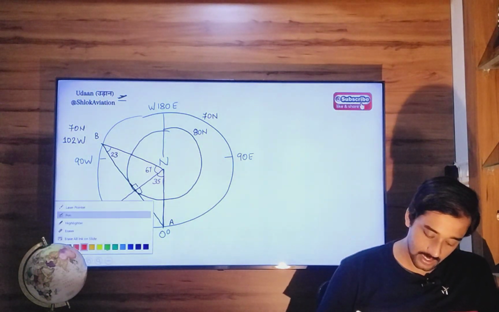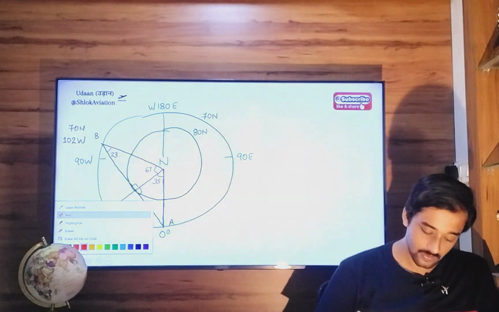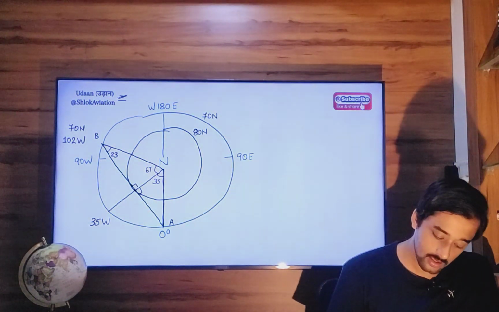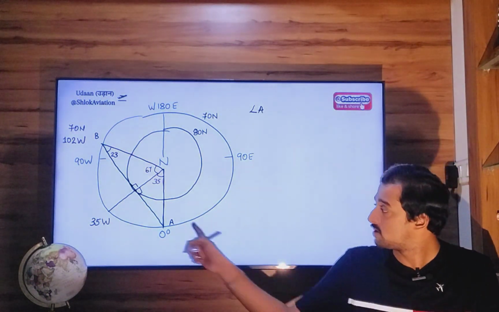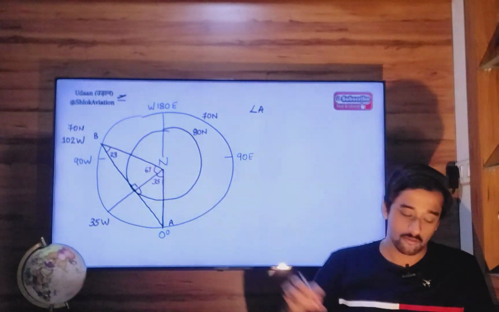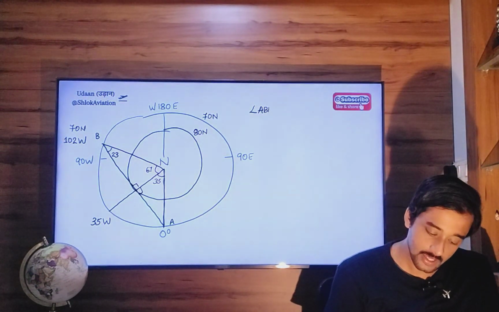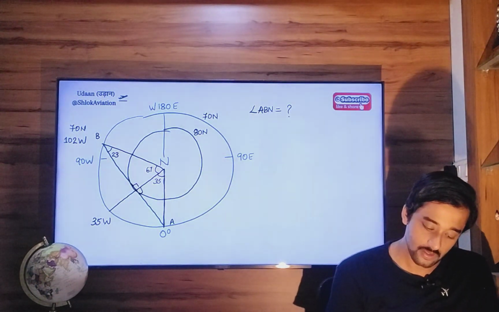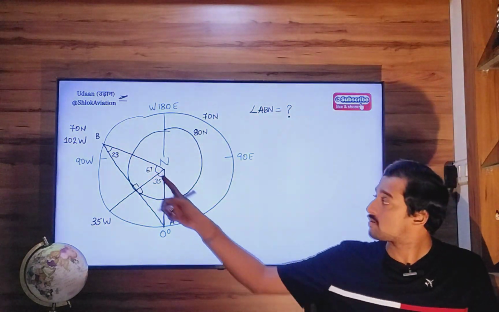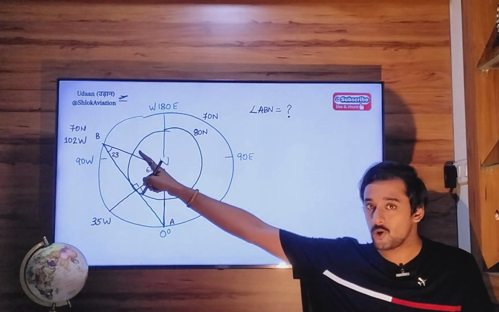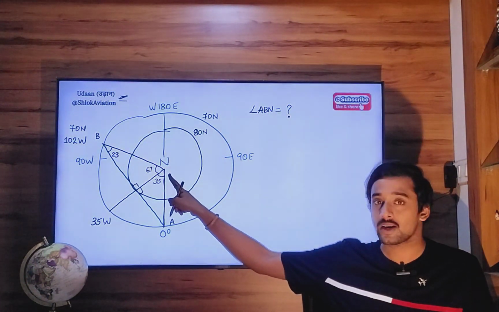Now next step, we have to find angle ABN, North Pole. Okay, that angle ABN. Now the direction from Bravo to the North Pole will be what direction?